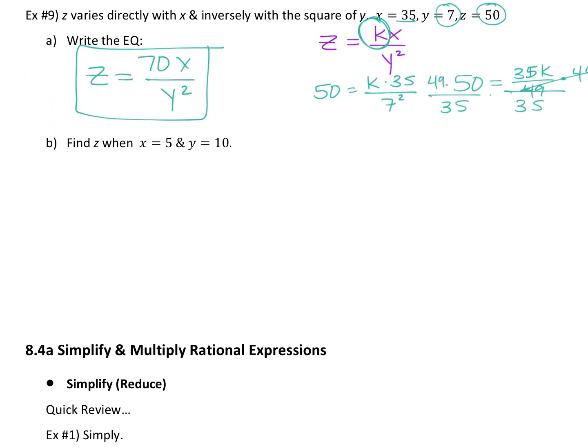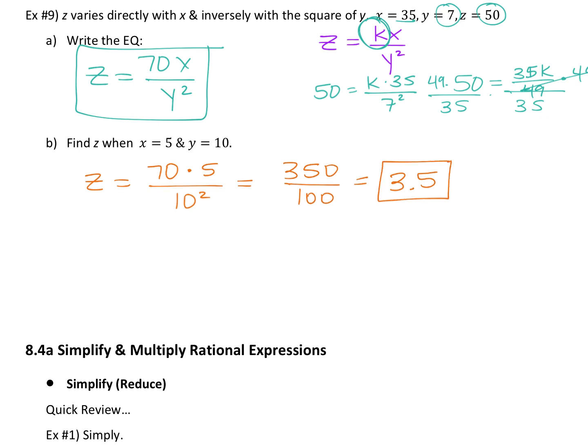So now you can drop in z equals 70 times 5 divided by 10 squared, okay? So simplify that, 350 divided by 100. So z is 3.5. Questions on that?